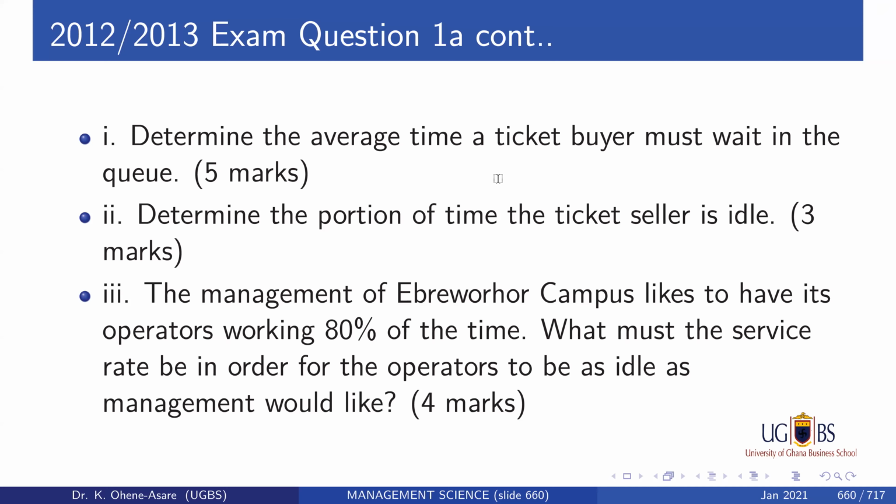Determine the average time a ticket buyer. Which of our symbols? Remember, we had symbols such as P0, Pn, L, Lq, W, Wq, and then we had U, and then I. You remember all this. So which one are we calculating? Look at the words: determine the average time.